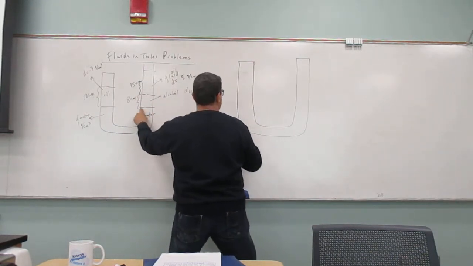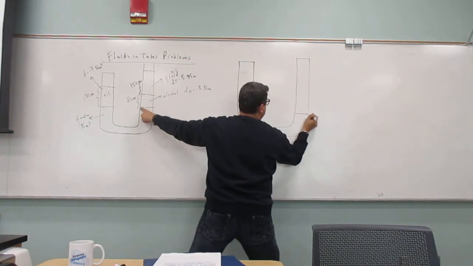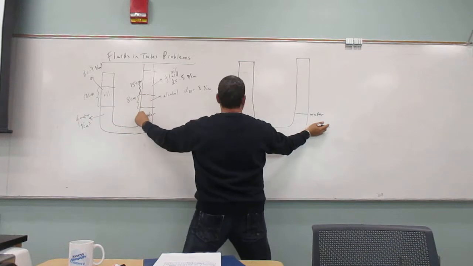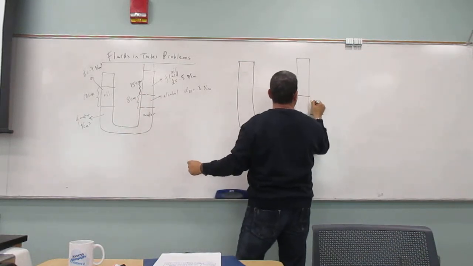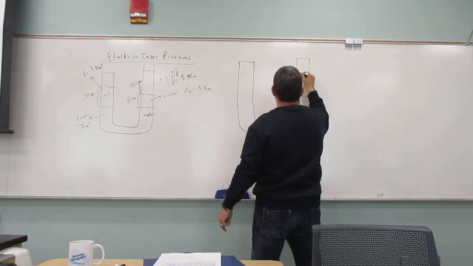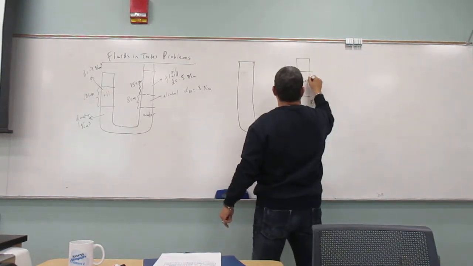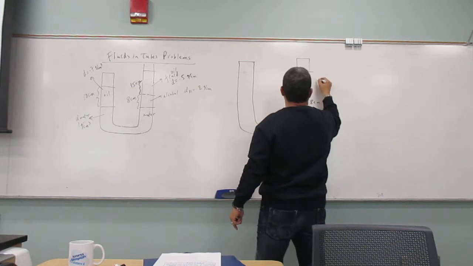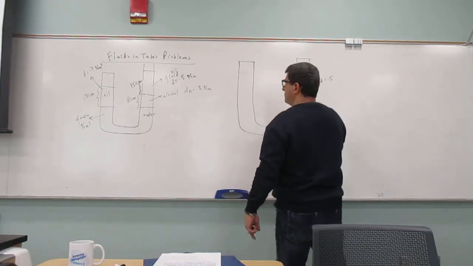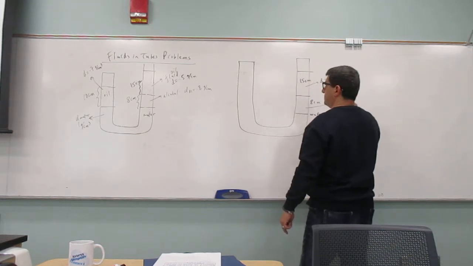So that means at the end, the water level is here. It goes down, and of course this goes down with it, and then that goes down with it. So then here the density is 0.5, and here the density is 0.8.